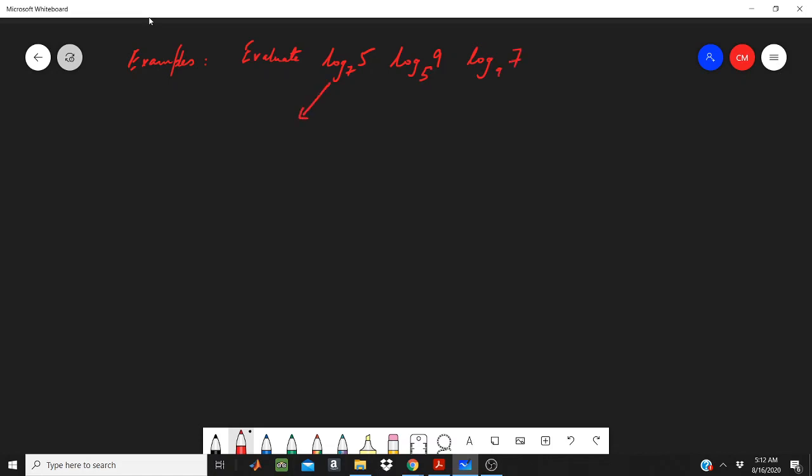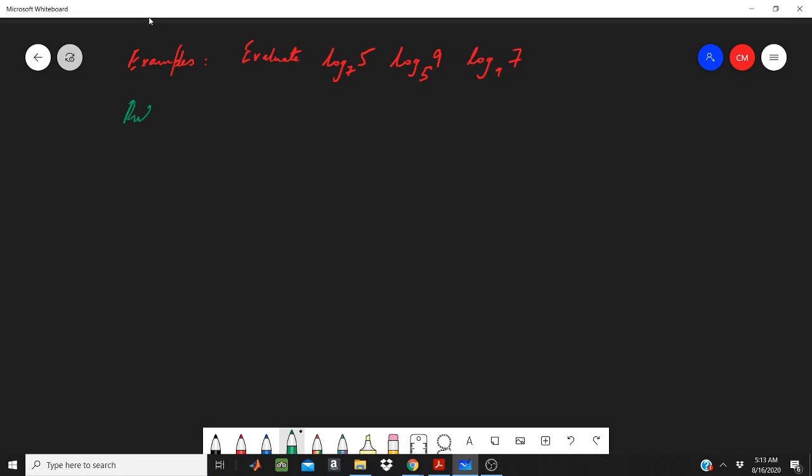The first one, log_7 5, can be written as log_10 5. Okay, maybe I'm going a little too fast here. Let me make it easier for you. Let me write the rule in green pen.